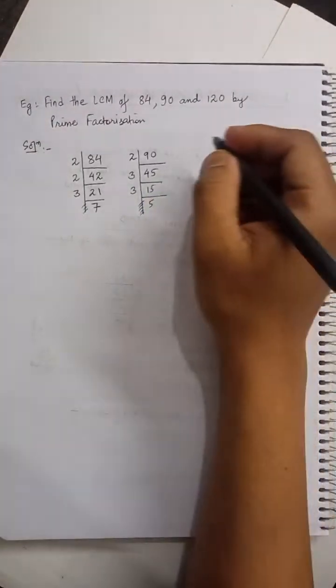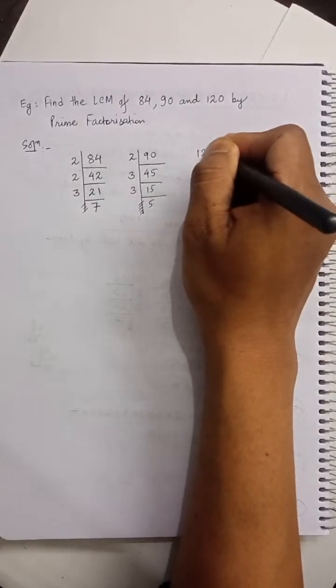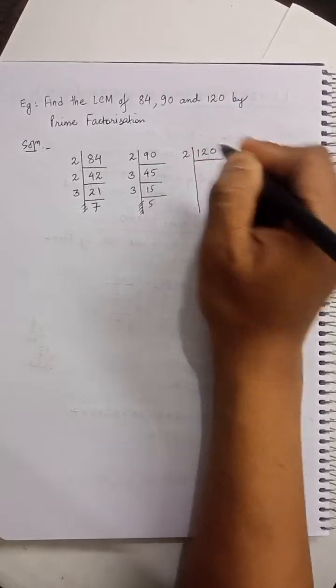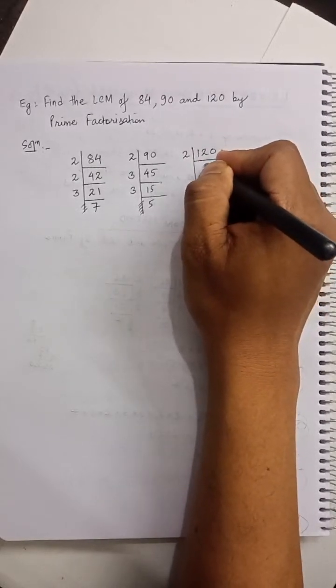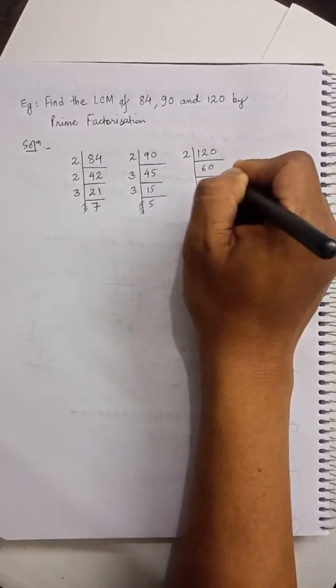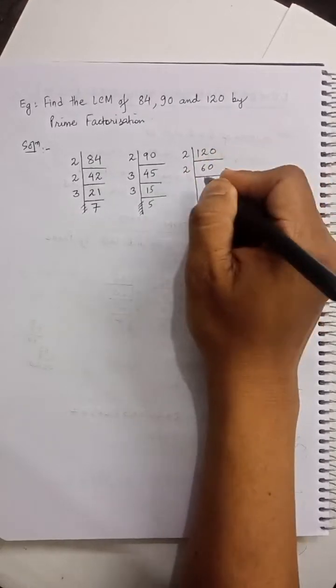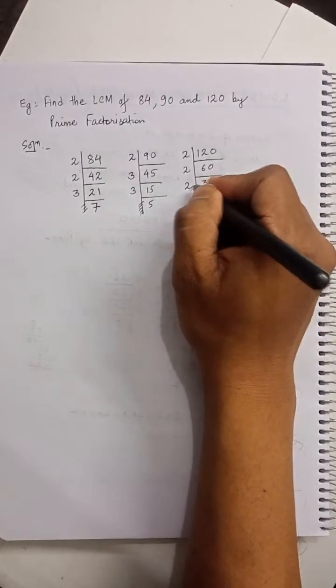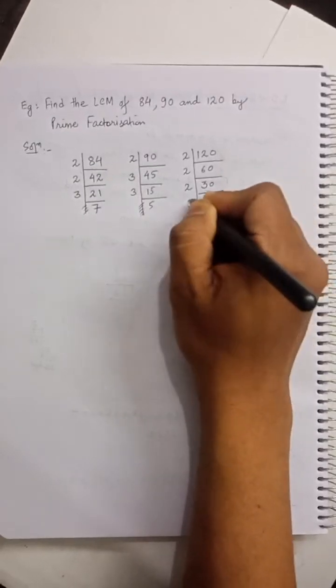Okay. And last 120. Okay, 30 divided by 2 is 15, and 3 and 5.